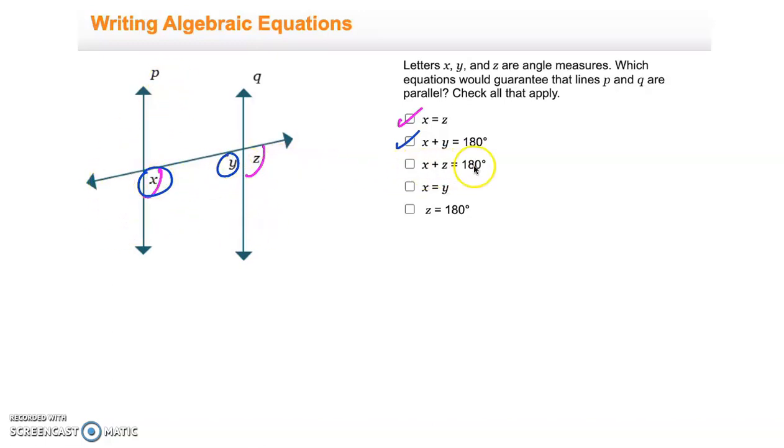X plus Z, we don't want them to add up to 180 because they're congruent. They could if they were 90 degrees, but that doesn't always guarantee that they're parallel. X equals Y, we want those to add up to 180 degrees, and the only way that will be is if they're both 90 degrees, but it will not always be the case. And if Z is 180, it actually makes a straight line, so that's not going to do it either. So it will be these two at the top.